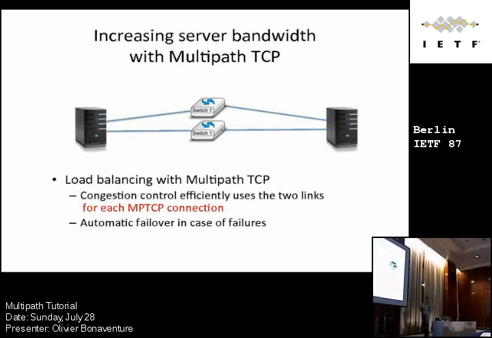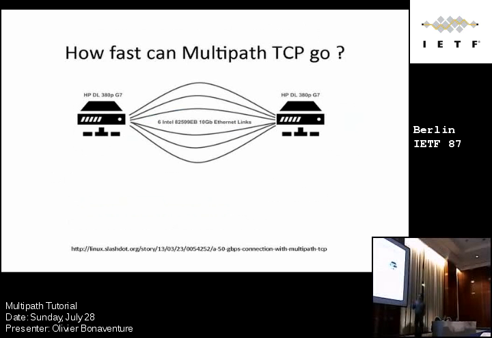Does it work in reality? We did some experiments a few months ago. We received a few good servers on loan, and these 2 servers we connected back to back using 6 10-gig interfaces. So we had a total capacity of 60 gigabits per second between the 2 servers.